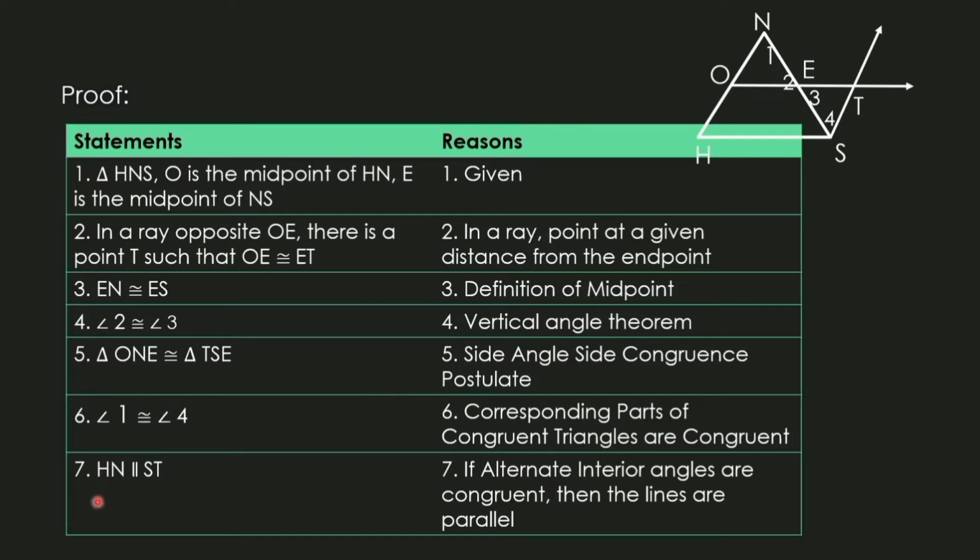Next, HN is parallel to ST. If alternate interior angles are congruent, then the lines are parallel. So, this angle 1 and angle 4 are alternate interior angles. So, since they are congruent, then the lines HN and ST are parallel.